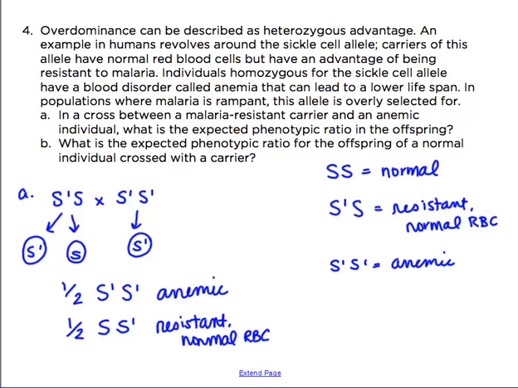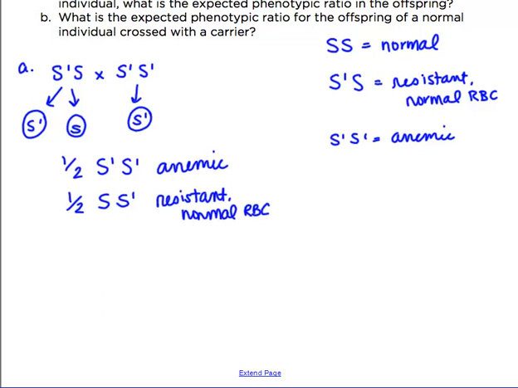For B, what is the expected phenotypic ratio for the offspring of a normal individual crossed with a carrier? So now, this is a normal individual crossed with a carrier of the sickle cell allele. This individual can only give the normal allele, and this individual can either give the sickle cell allele or the normal allele.